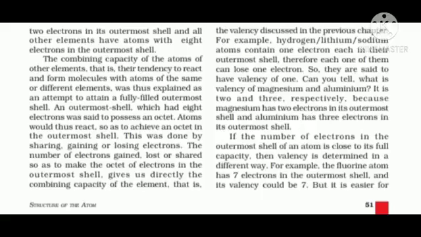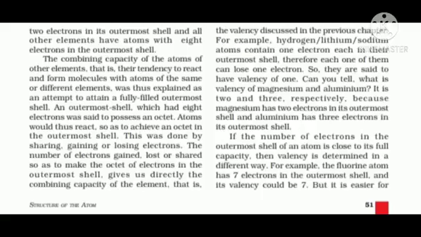An outermost shell which has 8 electrons is said to possess an octet. That is, octet means 8. So atoms react so as to achieve an octet configuration in the outermost shell. This octet configuration was attained by sharing, gaining or losing electrons.